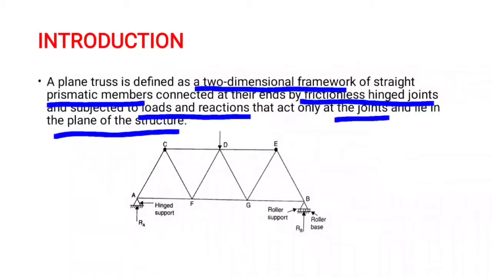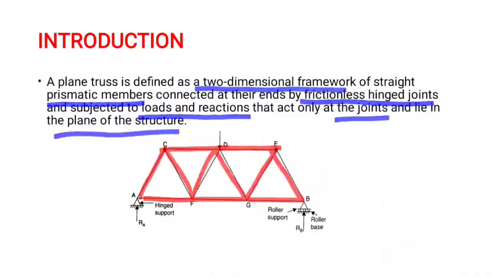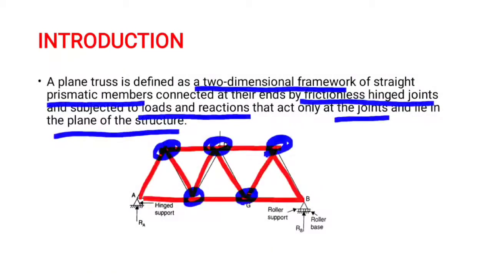If you observe the diagram, these are the straight prismatic members. Their ends are connected by frictionless hinged joints. These are the hinged joints. The loads act at the joints only, not on the members.